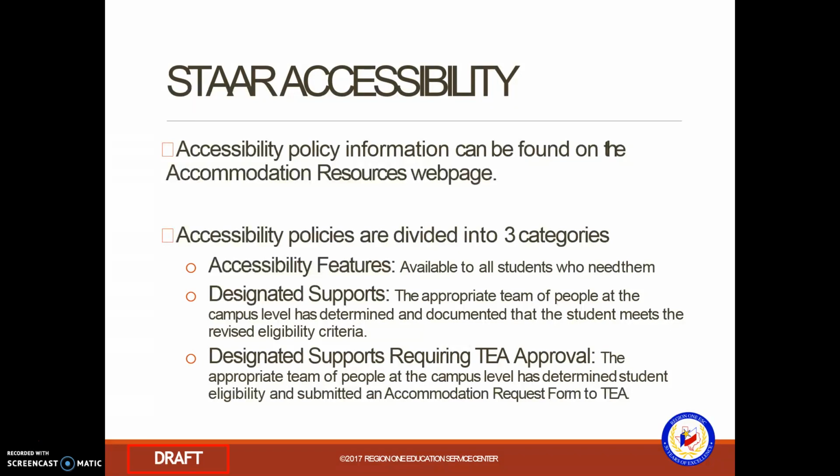Again, the appropriate people at the campus, ART, LPAC, 504, RTI, make these decisions and determine whether the student is eligible and must submit an accommodation request form from TEA.